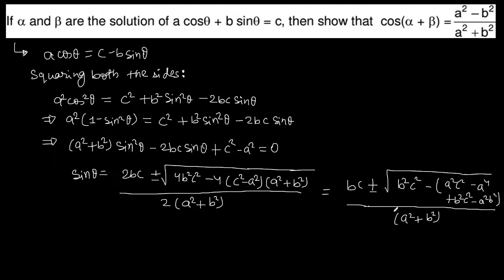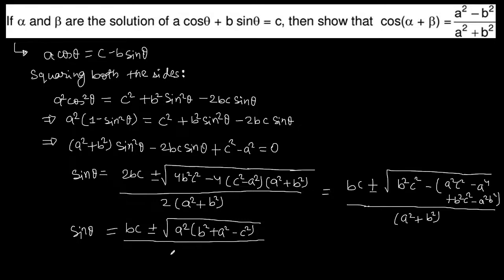Further solving, sine theta is bc plus minus root under a square b square plus a square minus c square, upon a square plus b square.